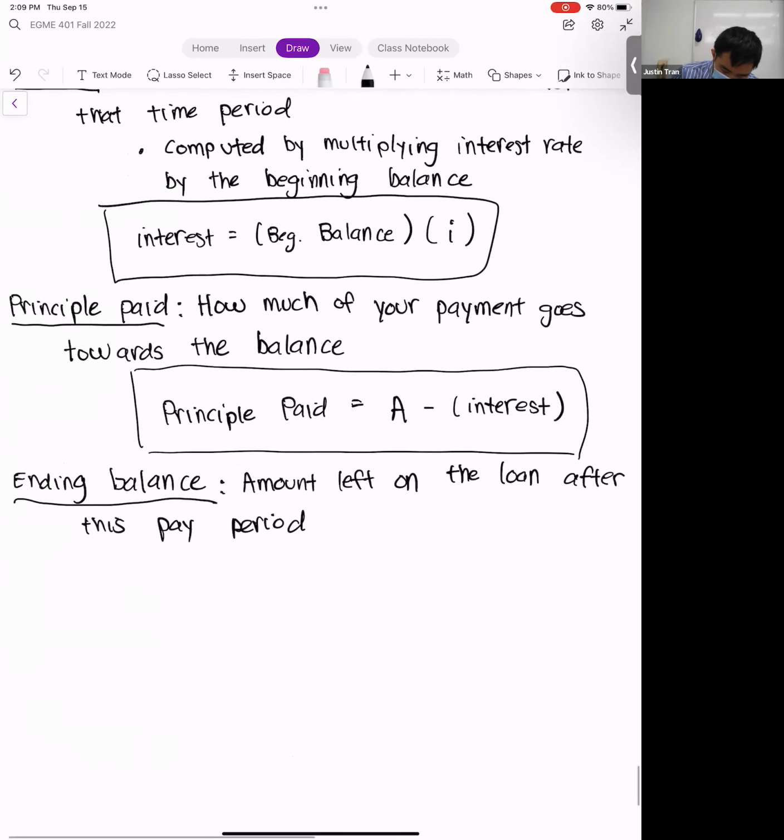And so the way to compute that is to take your beginning balance, and then from that, you're going to subtract the principal paid.